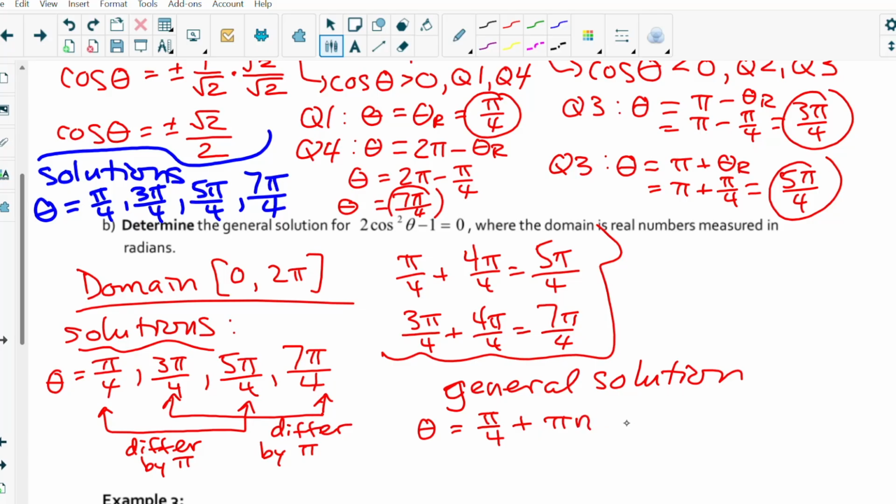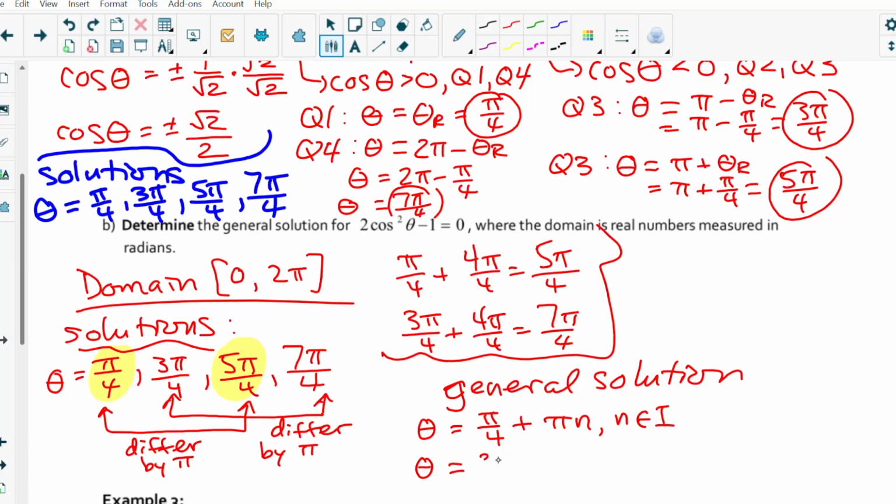If I take theta equals pi over 4 and I vary it by pi radians, and n is an element of all integers, that will get me this set right here, right? So it'll cover 2 of those. So I don't need to state 5 pi over 4 as a separate general solution. So that part is nice and neat, and I don't have to write too much here.